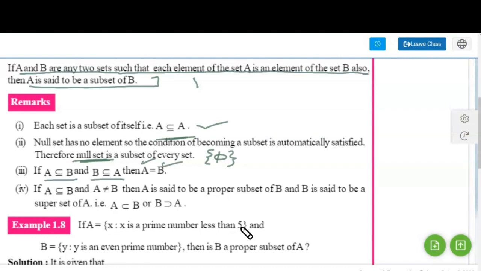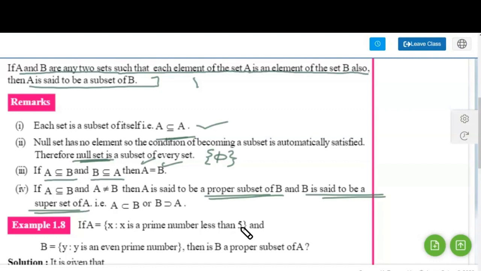Fourth one says if A is a subset of B and A is not equal to B, unlike the previous condition, A and B are not same, then A is said to be the proper subset of B and B is said to be the superset. Okay, when vice versa is done, we say both elements are same.